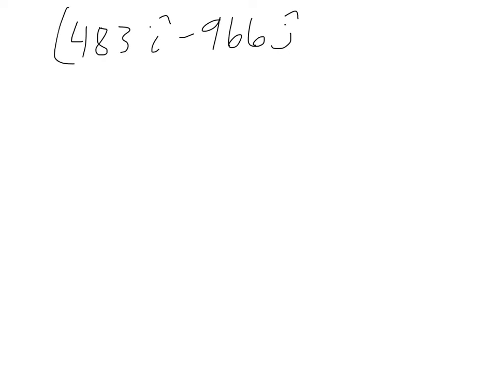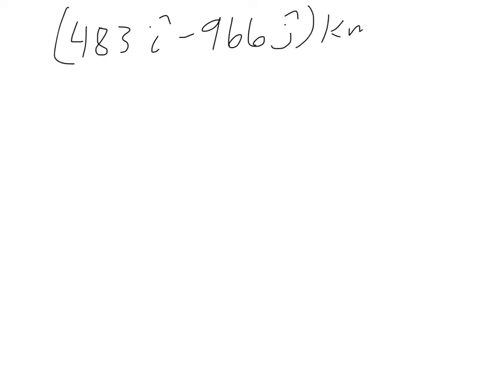For the next part, we want to find the magnitude and the direction of the average velocity. I'm going to do this part in unit vector notation just because I find it to be a little bit easier. Remember that the displacement vector in this case would be 483 i hat minus 966 j hat. And now that's all in kilometers.